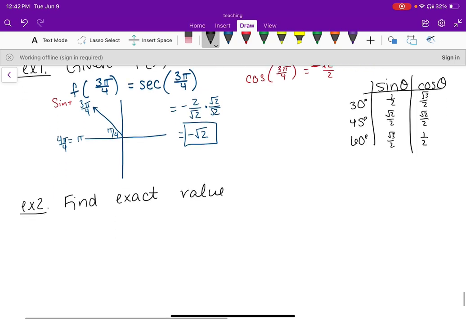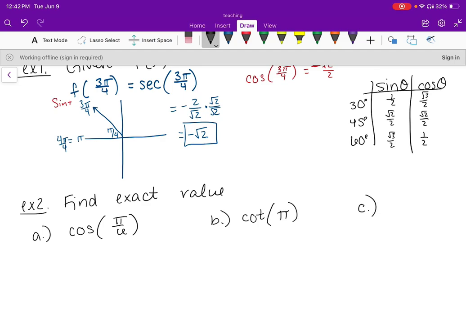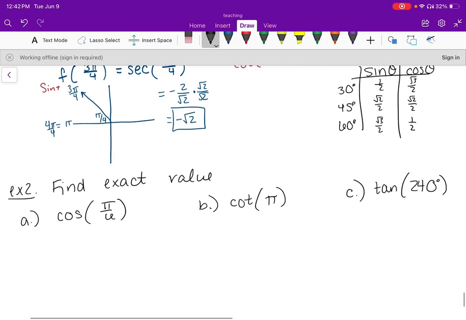And I can ask a bunch of different things like a, cosine of pi over 6, b, cotangent of pi, c, tangent of 240 degrees. Any of these would be things that you could see on our test.